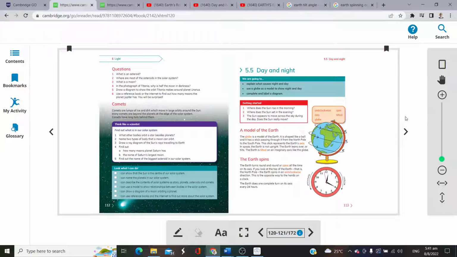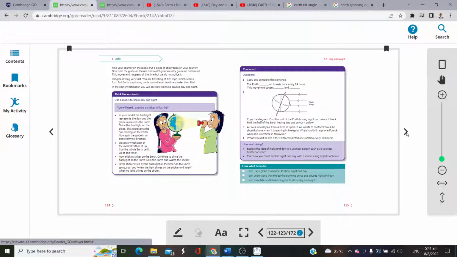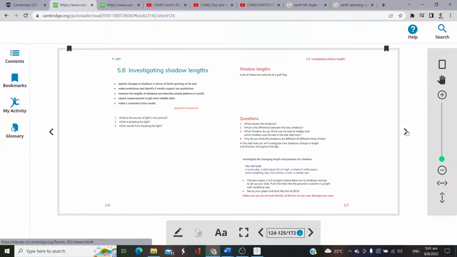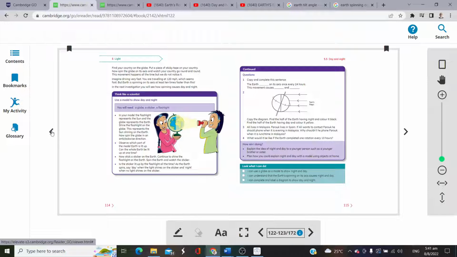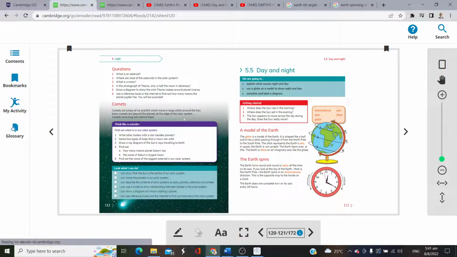Okay, day and night will cover from page 113 until 115.